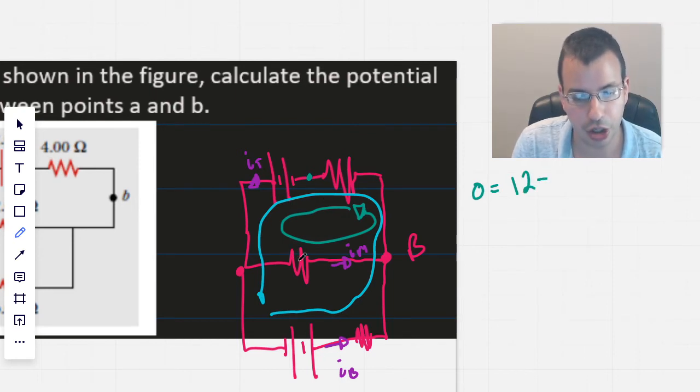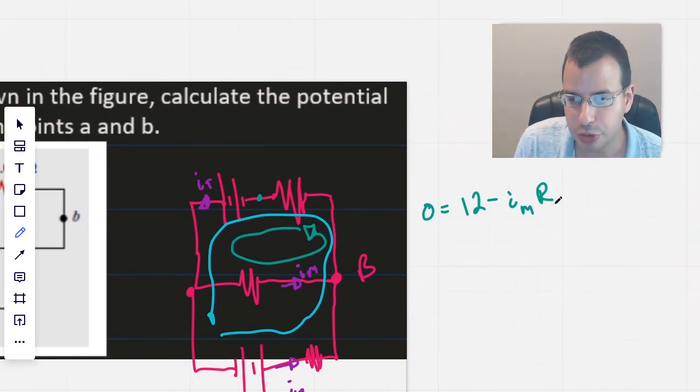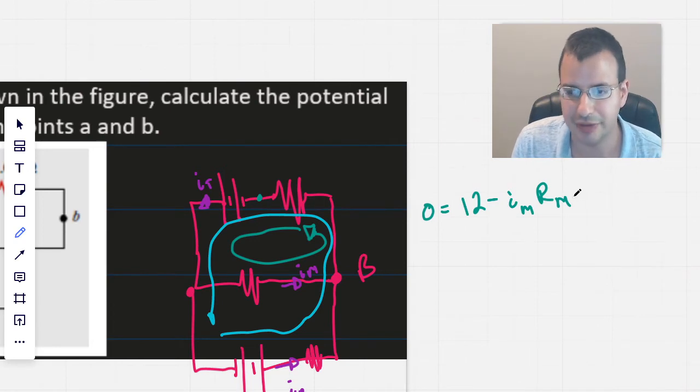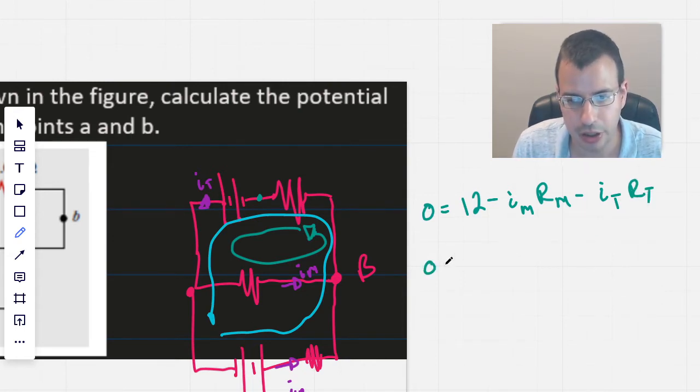Come down here, we go across this resistor in the same direction as the current, so we actually have a voltage drop. It'll be I middle, the current through the middle, times R middle, which we actually know, but I'm going to leave it as such right now. Then it comes back up here, and we subtract I top, R top.